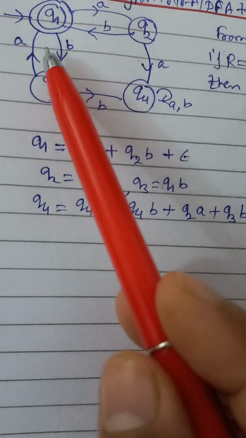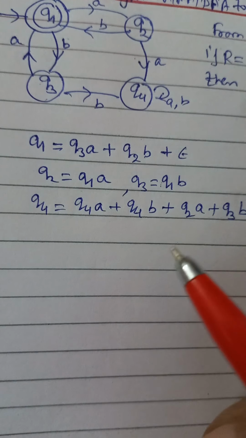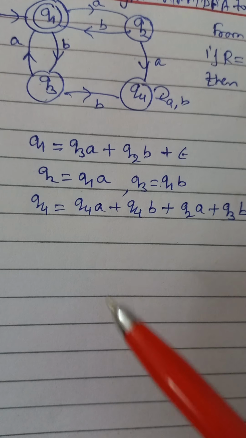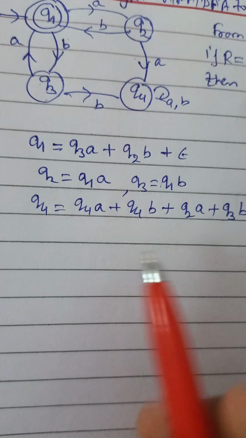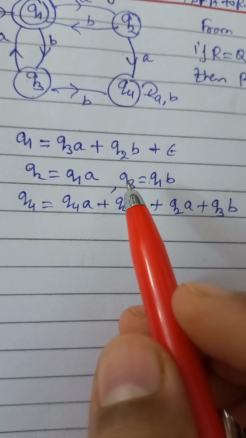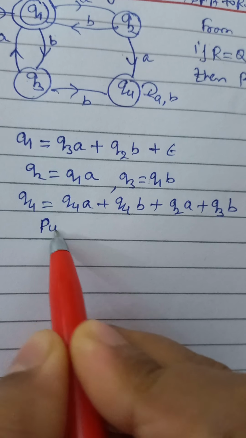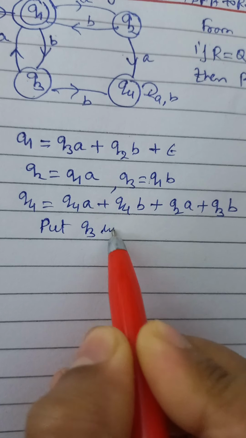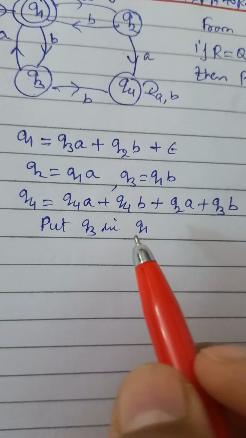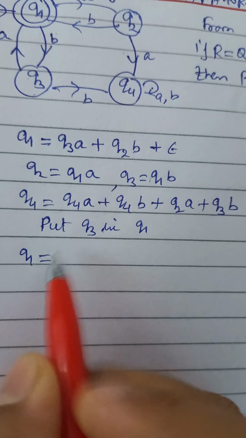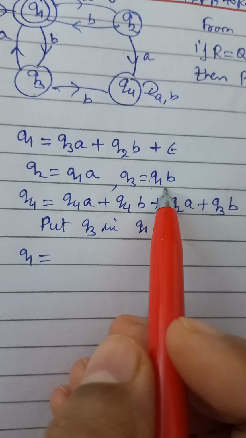Now, because we need to find Q1, first we will put Q3 in Q1. So Q1 will be equal to Q3A, where Q3 is Q1B.